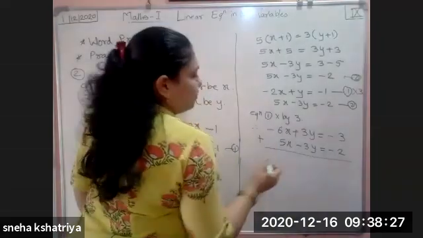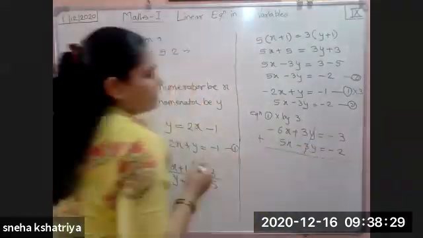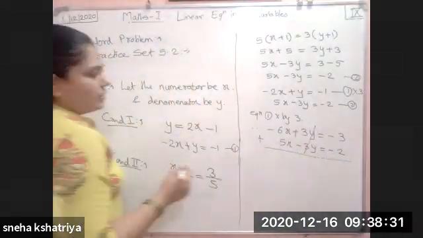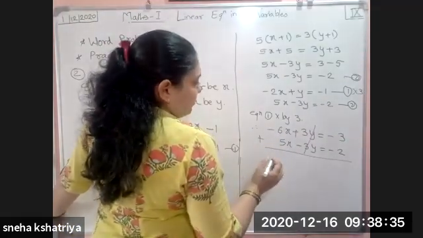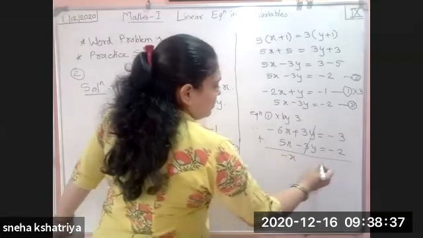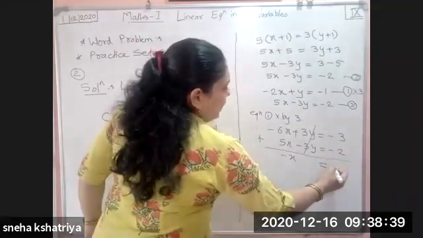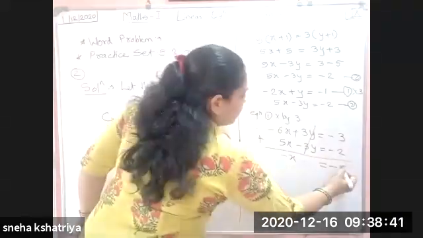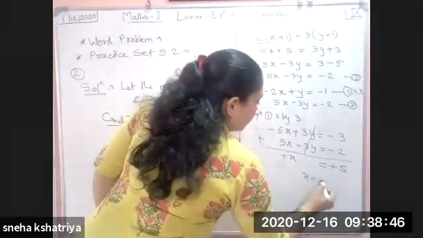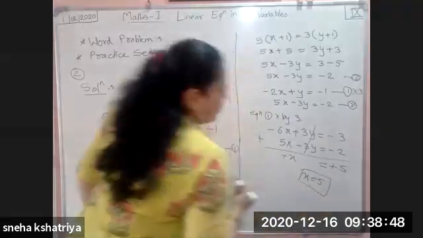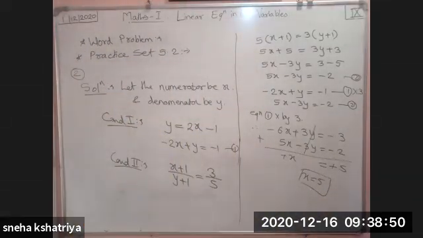Simple, we will add because plus 3y and minus 3y are there. So they will get cancelled. Minus 6 plus 5. So this is minus x, which is equal to minus 3 minus 2, which is minus 5. Minus sign again cancels, x is equal to 5. So we get the value of x as 5.